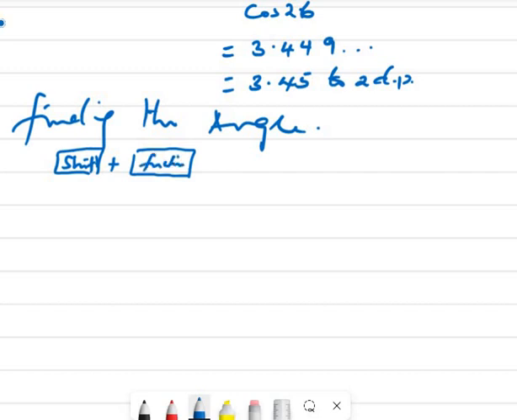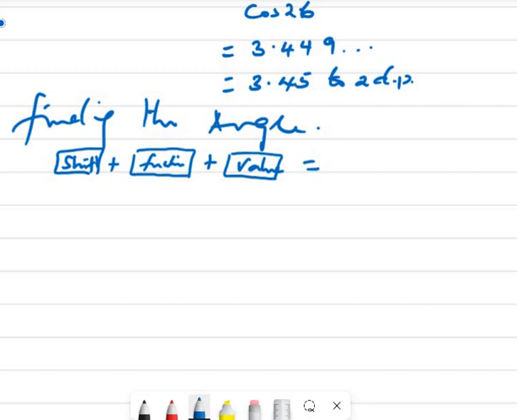That's the function. It can be sine, cosine, or tangent. And then you enter the value, and then press equals. And you'll have the answer.